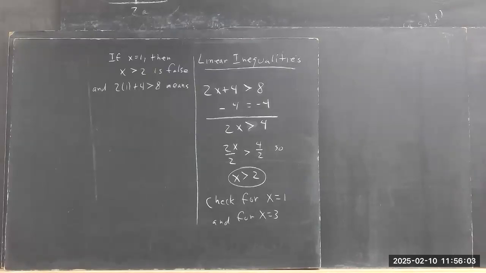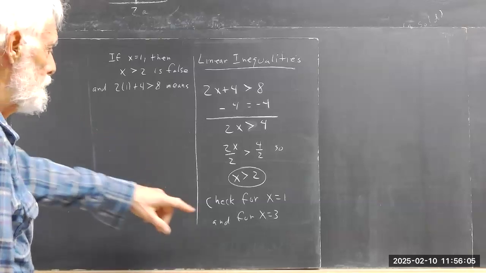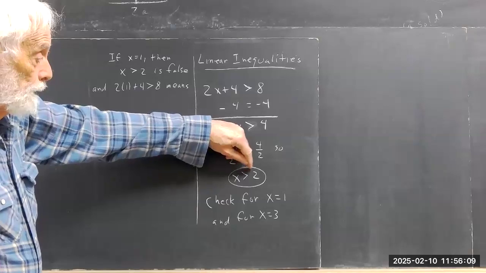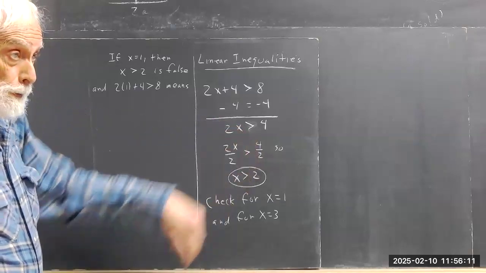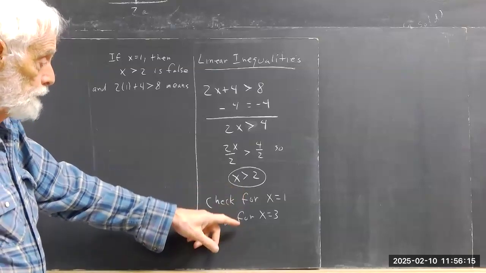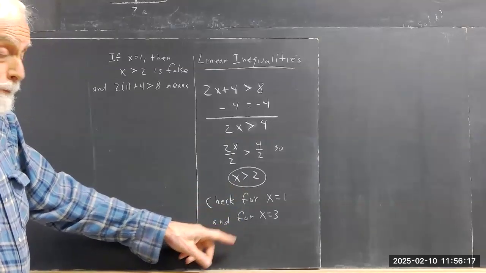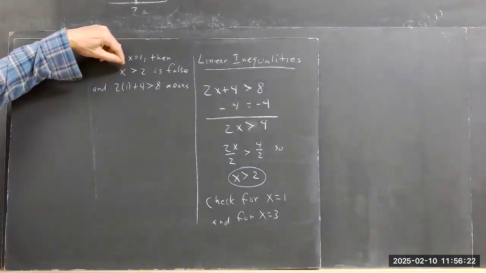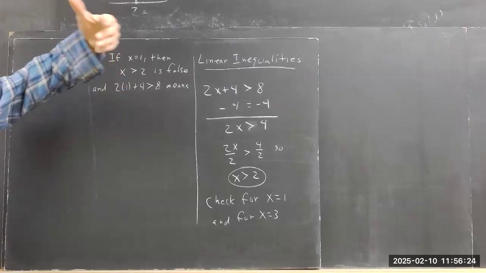Okay, so check for x equals 1 and 3. Why 1 and 3? 1 is a little bit less than 2, and 3 is a little bit bigger than 2, right? So just kind of convince ourselves, take a number that's a little less than 2, a number a little bigger than 2. Now, if x is equal to 1, then x greater than 2 is false, because 1 isn't greater than 2, right?